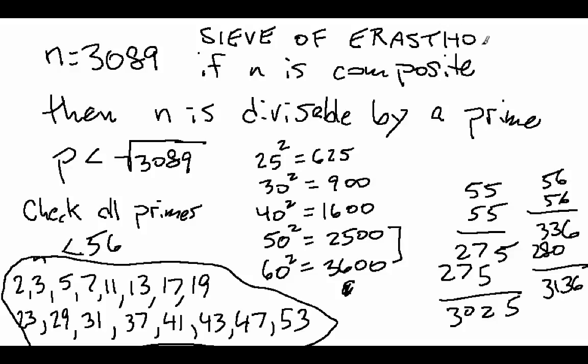Eratosthenes, I believe, is the correct spelling of it. Eratosthenes was a Greek, and this is a way for actually generating and checking for prime numbers. So your homework, among other things, is to check the spelling of this name right over here.